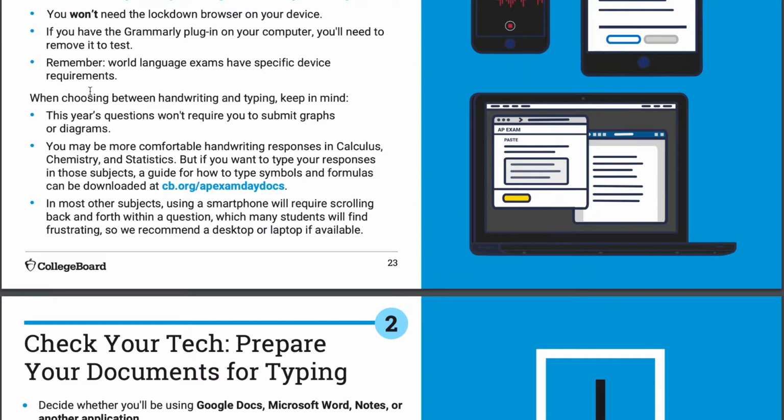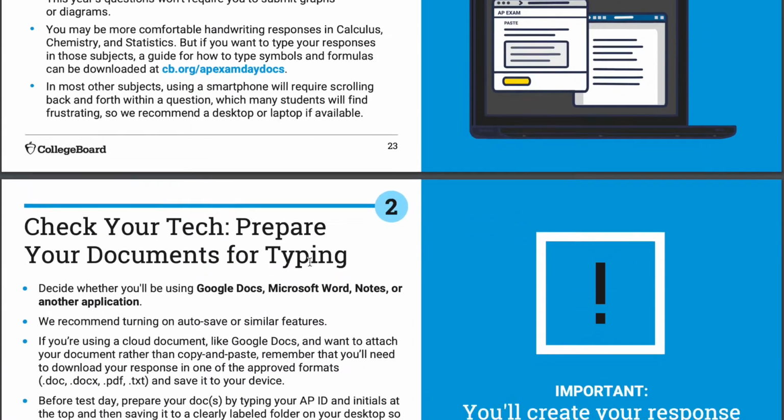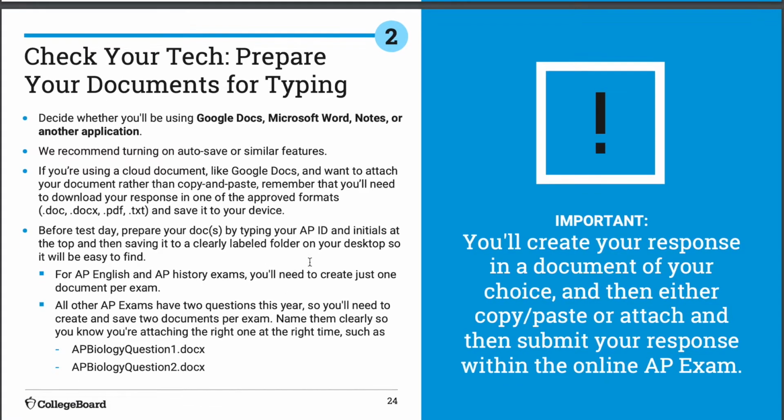And then again, if you're going to do the handwriting option, follow these directions. I don't suspect any of us are going to be using the handwritten option, but there you go if you need those. Preparing your document type, if we are going to use Google Docs, that's what I imagine most people are going to use, have it ready to go and open on a tab so that once you open up that question, you can read it and quickly start typing straight away.